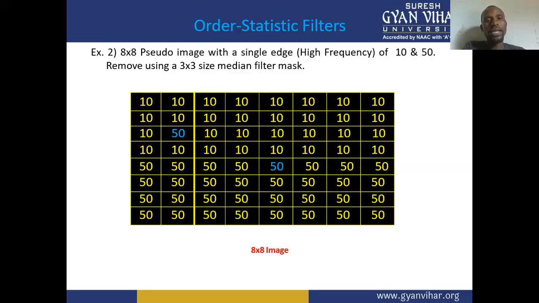So what occurs here is that we are trying to replace the value at the center, which is 50, with the maximum value that will be obtained from this filter mask. Now we remove it using the 3 by 3 median size filter.